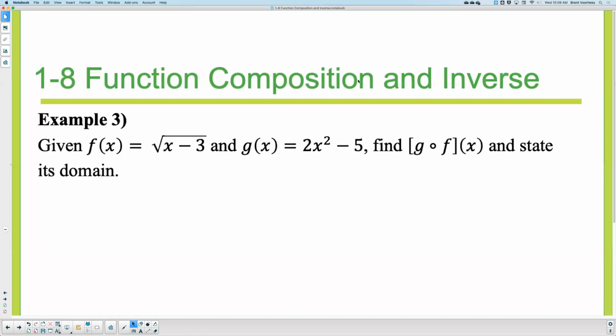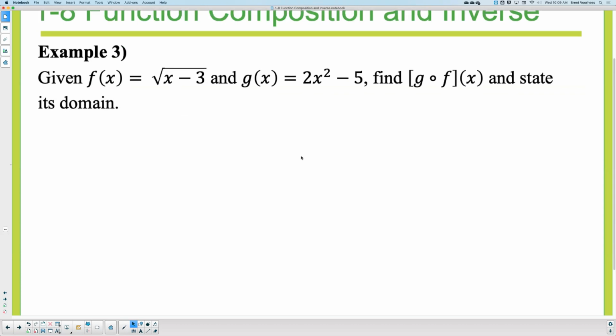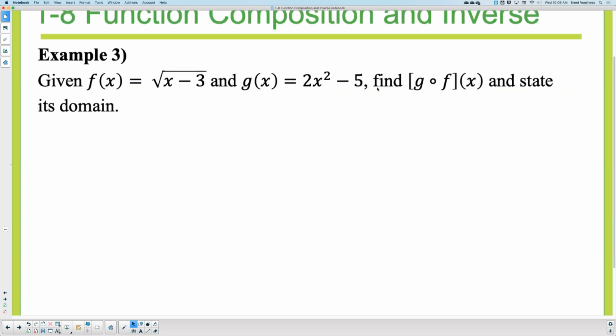Let's look at example 3 now. It says, given a function f and function g, find g of f and state its domain. Okay, so remember, g of f. Let's see if we can remember. The domain will be a subset of which one? Because x goes into f, and then f will go into g.